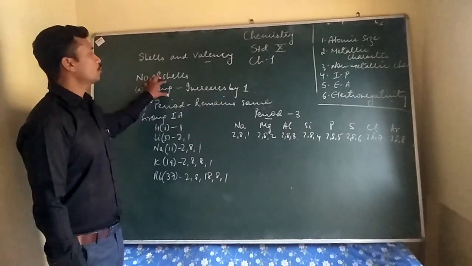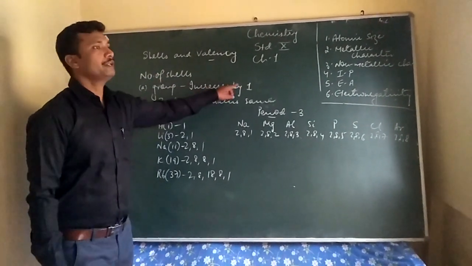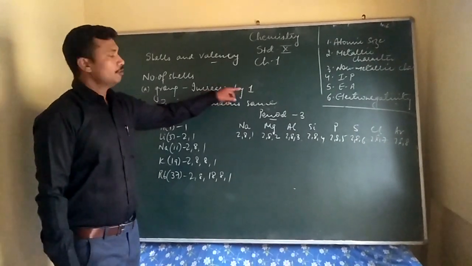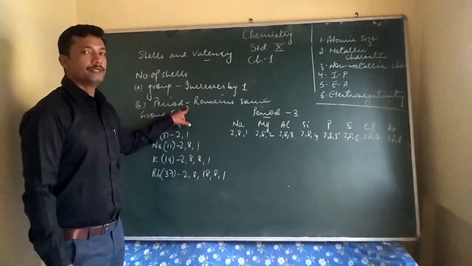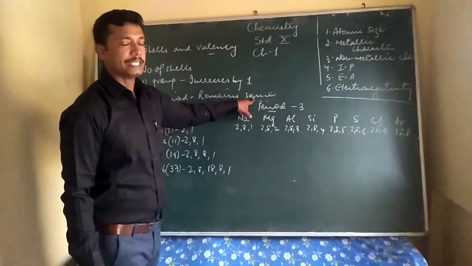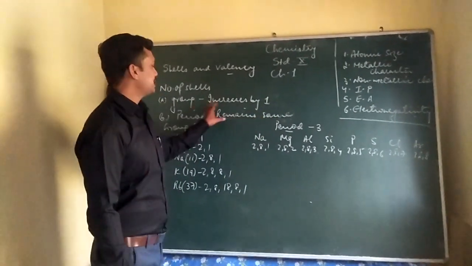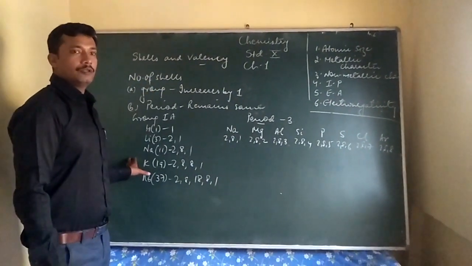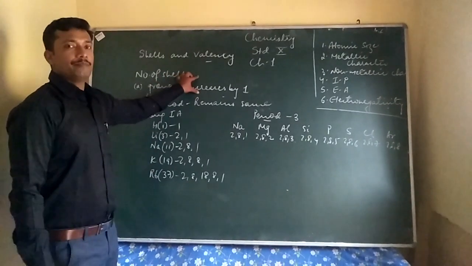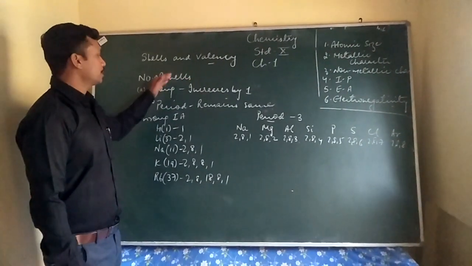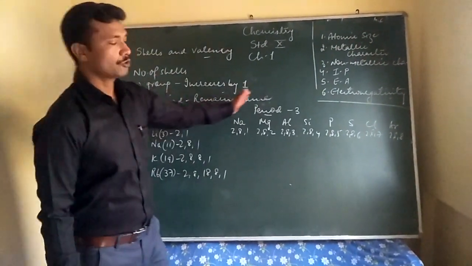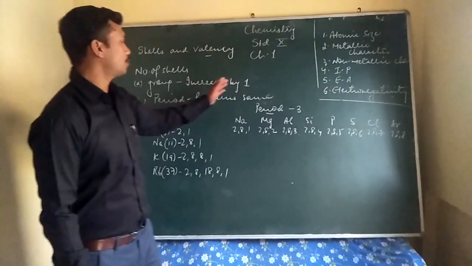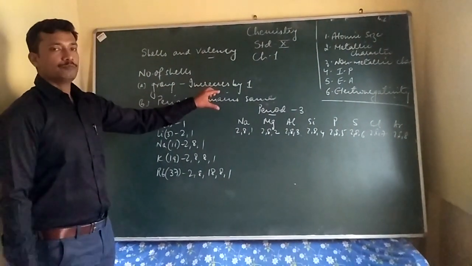On moving down the group, the number of shells will increase by 1, whereas on moving across the period, the number of shells remains the same. Let us see one example where these trends can be found. I have taken examples of group and period both.